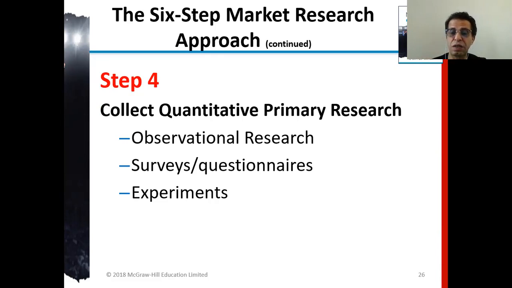That can be done through observational research, where you go out and observe people's behavior, or through surveys and questionnaires, as you see in the mall, or you put people in a lab and experiment on them. Give them two kinds of cookies, where they don't know which is which, and let them choose which one is tastier, sweeter, or more lemony. These are experimental ones.